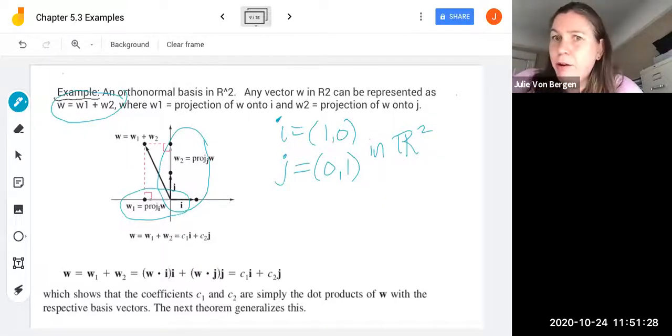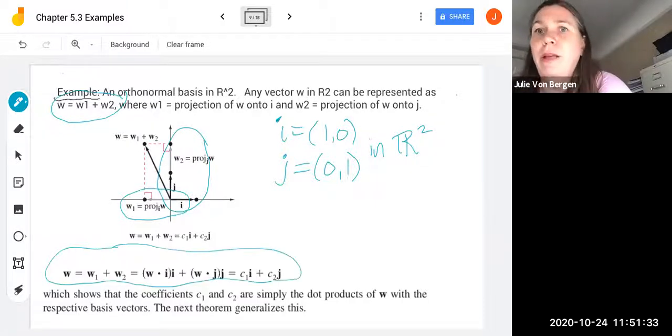All right, and then we can show this by breaking it down. So we've got W equals W1 plus W2.